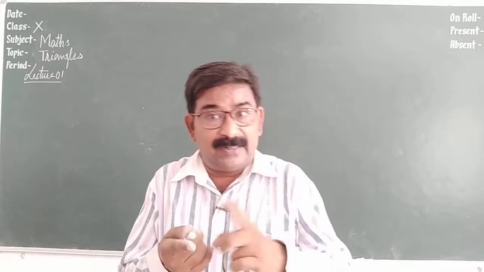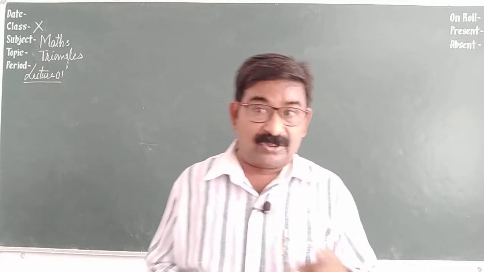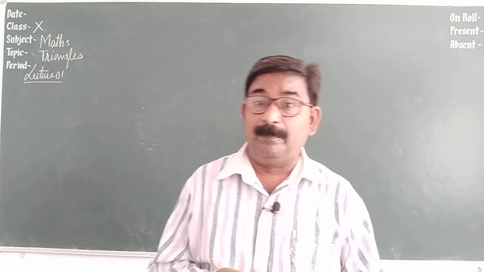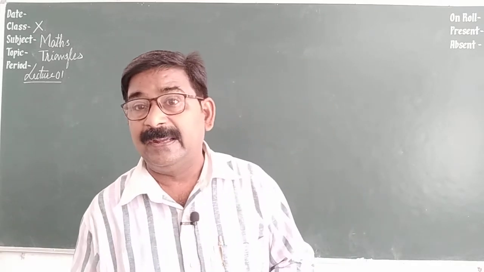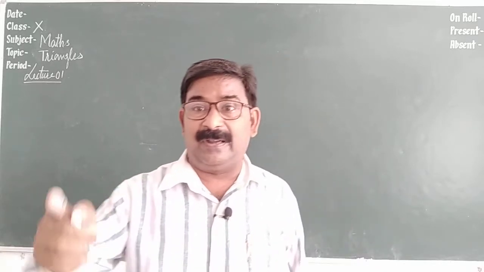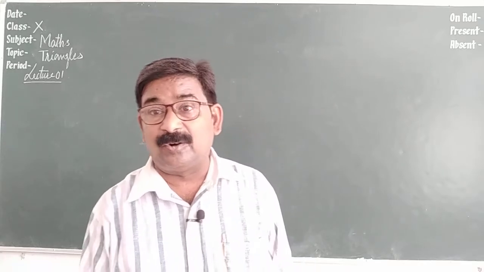So in the other definition I told for similarity, the figures which are same in shape and may or may not be same in size, it means if the figure is same in shape and size, it is congruent.